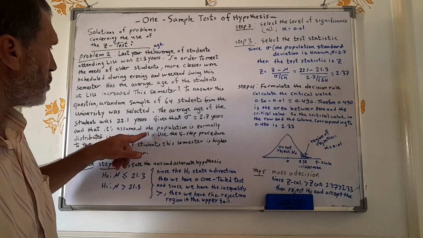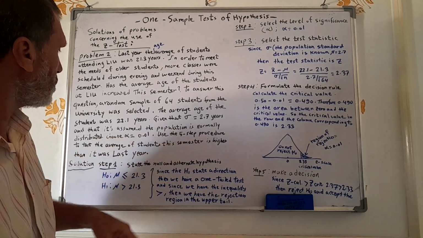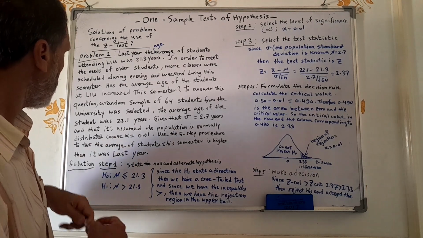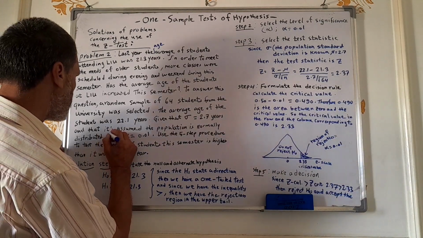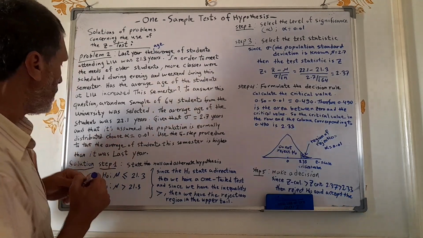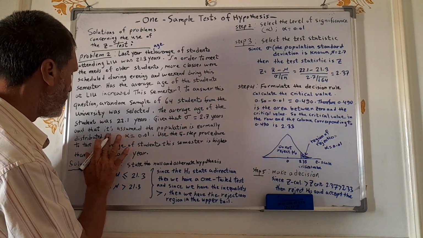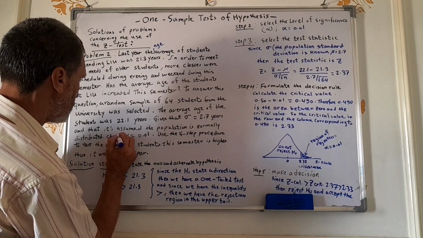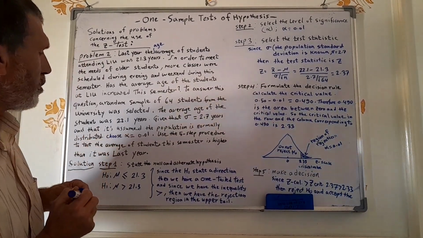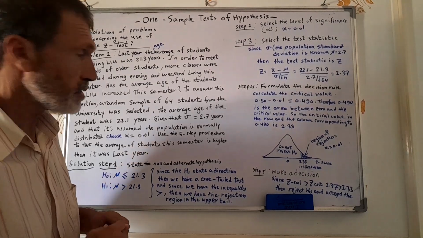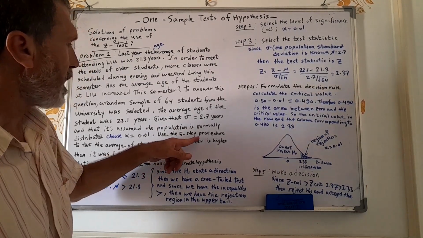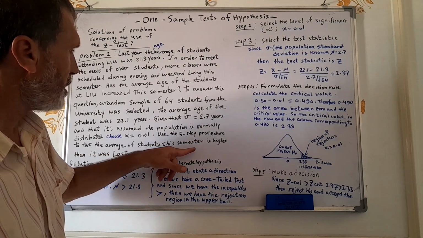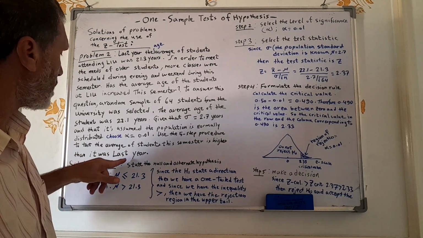Choose alpha equals 0.01, the level of significance. Use the 5-step procedure to test whether the average age of students this semester is higher than it was last year.